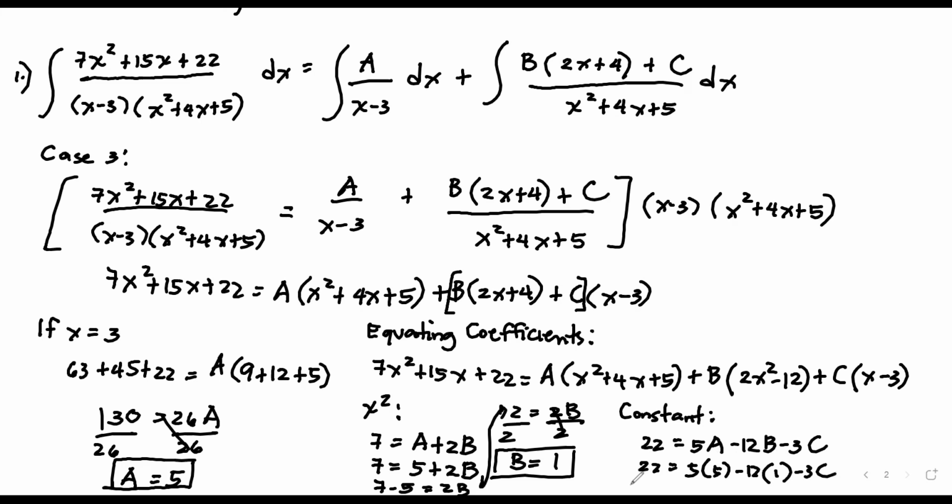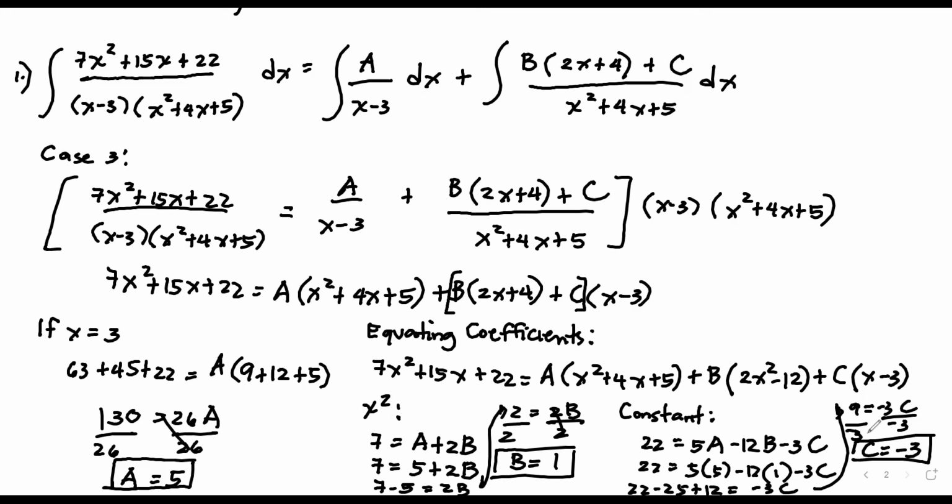So, we'll have 22 minus 25 plus 12 equals negative 3c. So, 22 minus 25, negative 3, plus 12, 9. 9 equals negative 3c. Divide both sides by negative 3. So, c is negative 3.